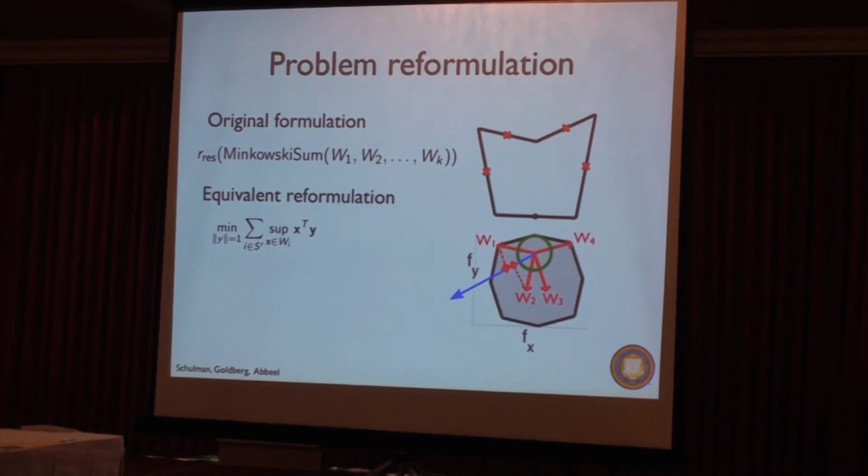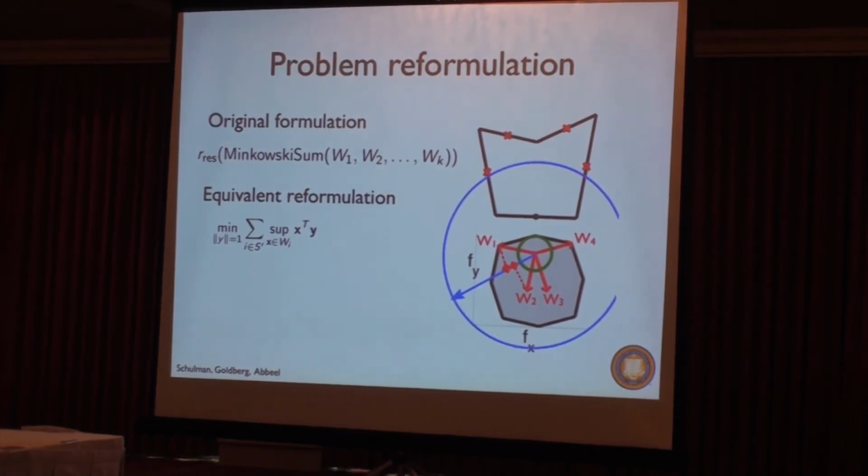Each of those projections tells you how much a given contact can contribute to resisting a wrench in that direction. So when you add them all together, that will tell you how much all of your contacts can help to resist a wrench in that direction. It turns out that if you take that sum for all directions in wrench space, and you take the minimum over all directions, then that tells you the residual radius of your set.